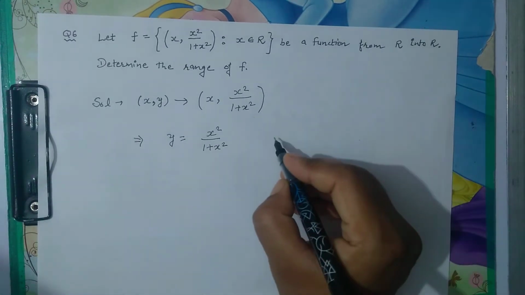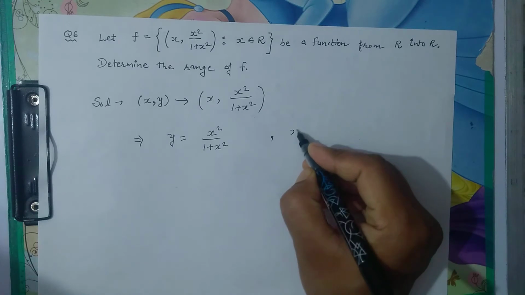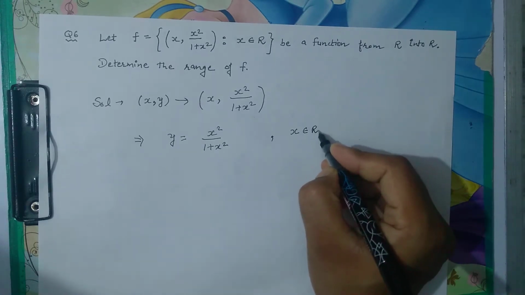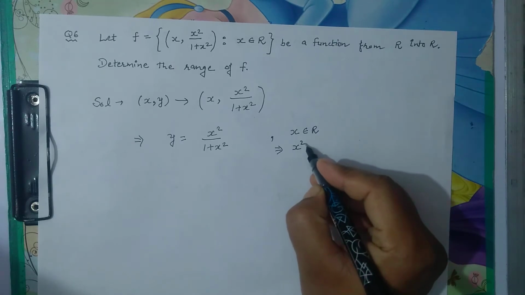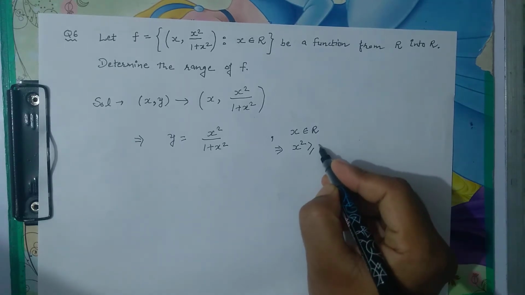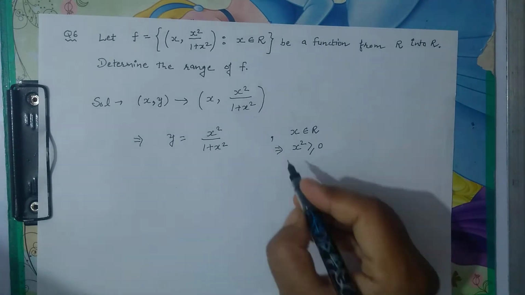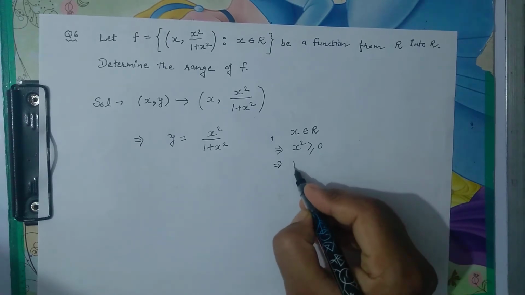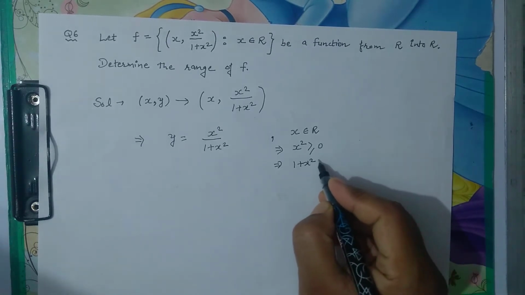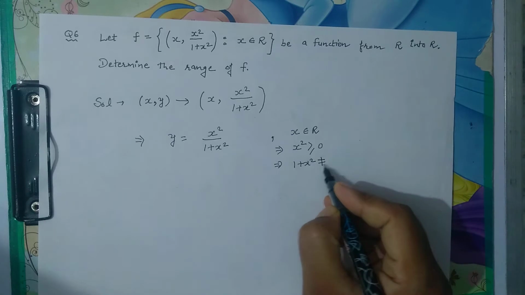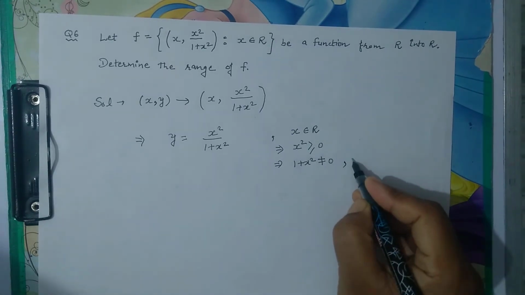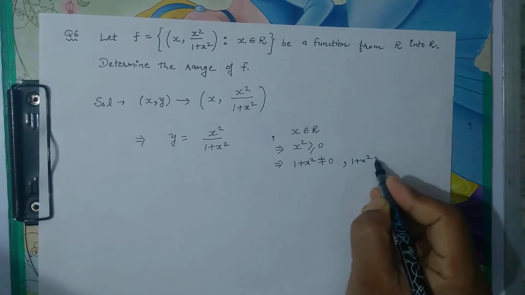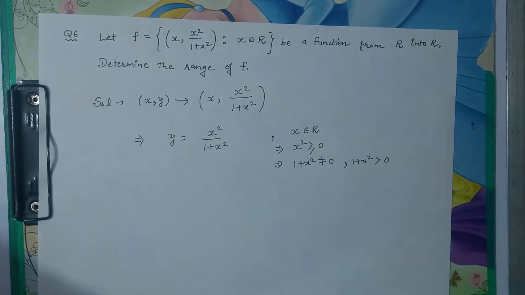So we know that x belongs to real number. It means square of any real number is always greater than or equal to 0. That means 1 plus x square is not equal to 0. Also 1 plus x square is greater than 0.